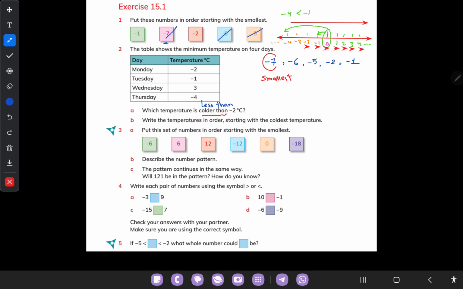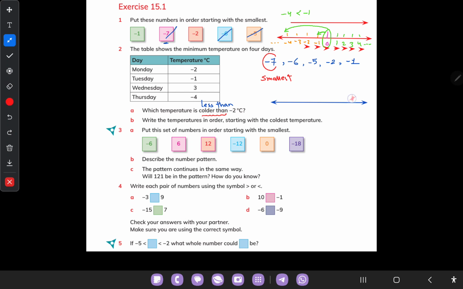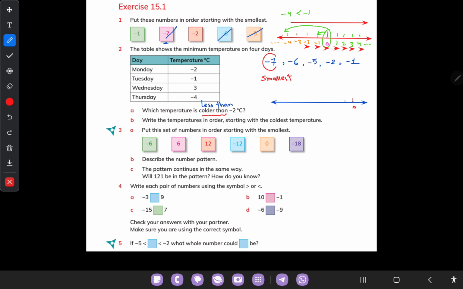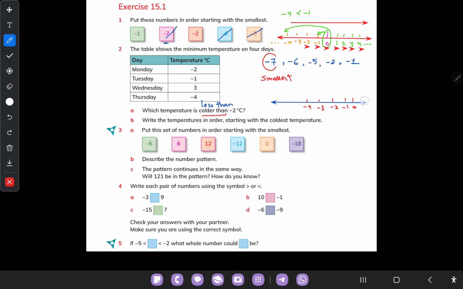You can use a number line and order the numbers here. So here, we can consider this one is a 0. Here 0, negative 1, negative 2, negative 3, negative 4. We deal with these 4 numbers. We have to complete this number line.